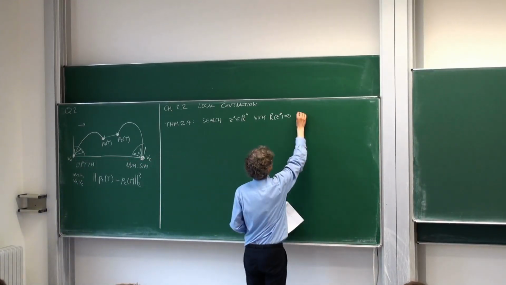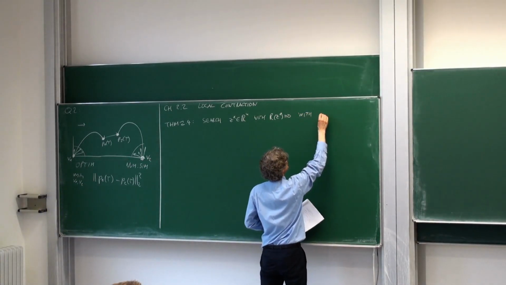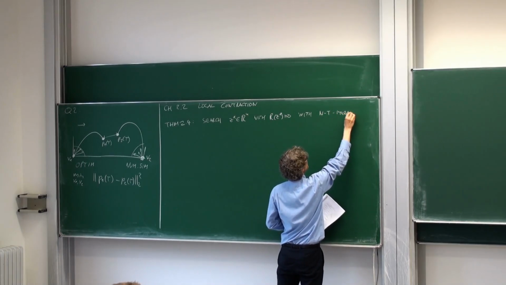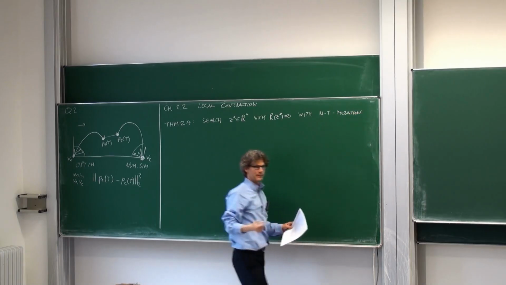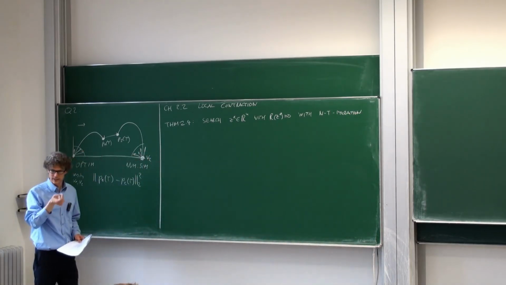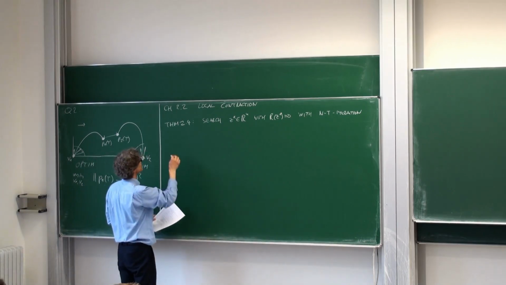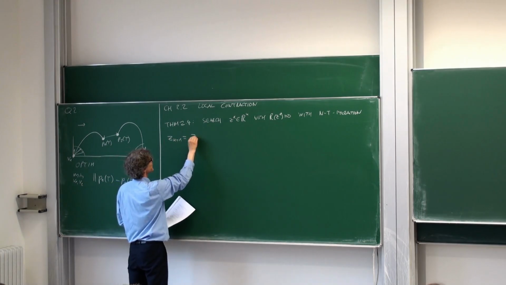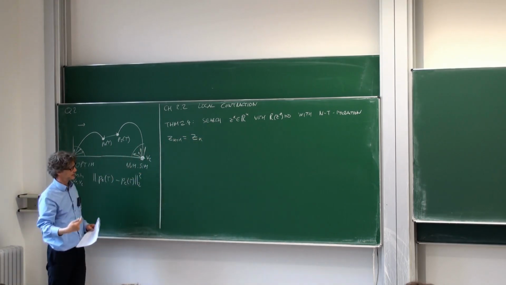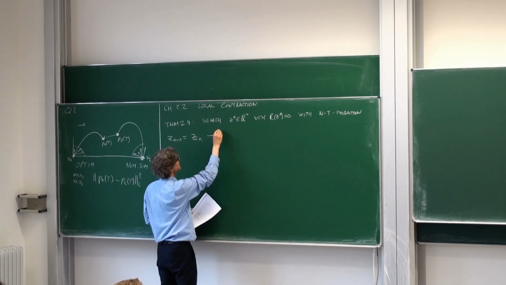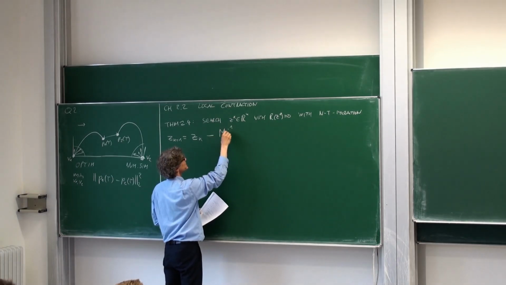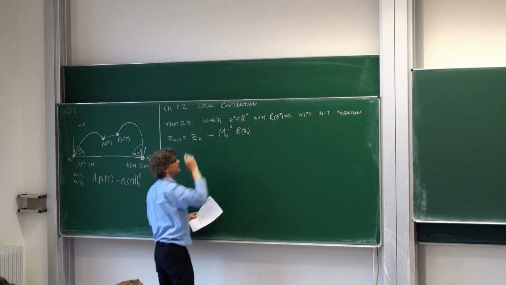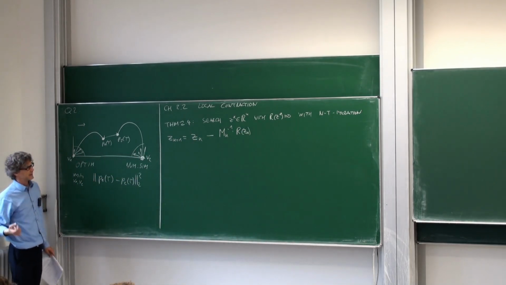With a Newton type iteration. You remember what a Newton type iteration was? It was one where we don't use the exact Jacobian, but an approximation of the Jacobian. Our overall iteration would then look like z_{k+1}, the next iterate, is given by the old iterate minus a correction term that depends on this approximate Jacobian M_k times the residual evaluated at the last iterate.